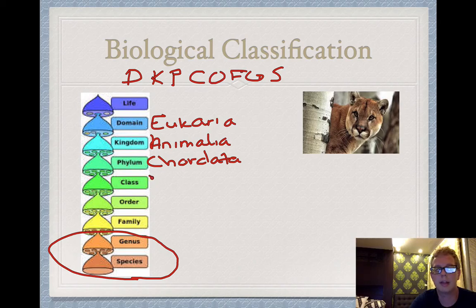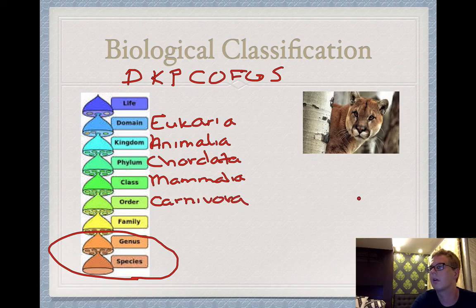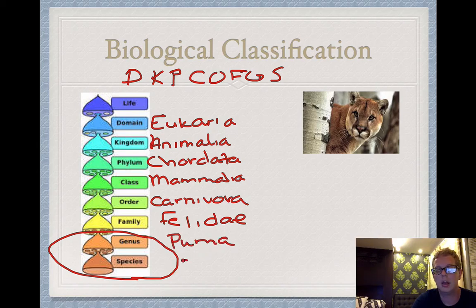And its specific class is Mammalia. And its order is going to be Carnivora. And then family is going to be Felidae, and its genus is going to be Puma, and its species is concolor.